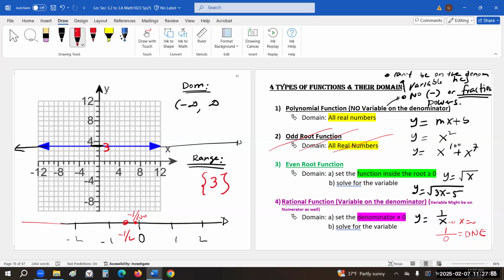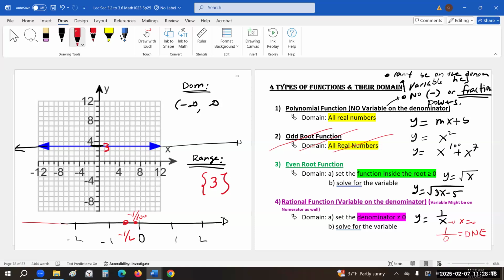Why doesn't it exist? Because what we are telling you is you have $1, break your $1 into 0 pieces. Can you ever break your $1 into 0 pieces? Never. So a rational function has one problem: the denominator cannot be 0.